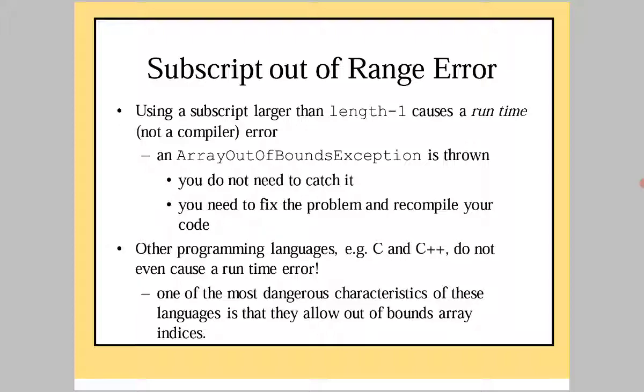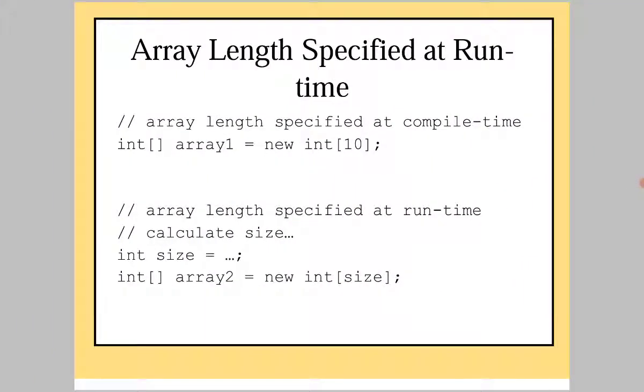If you try to access values beyond this range, that is a of minus 1, a of minus 2, a of minus 3, or a of 5, a of 6, that means we are trying to access array elements beyond its subscripts. We are crossing the lower and upper boundaries, so it is called a subscript out of range error.